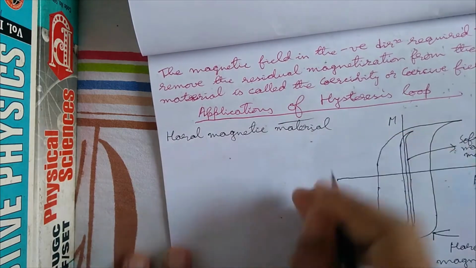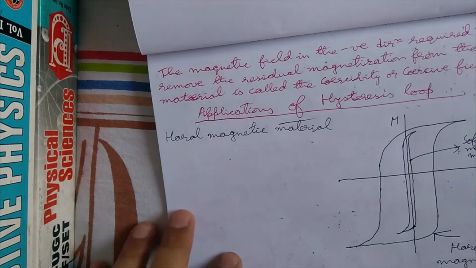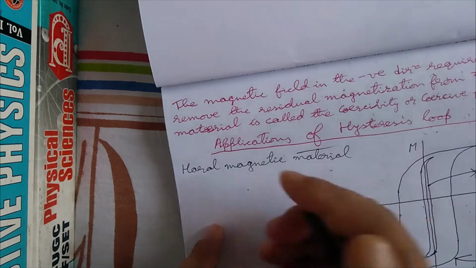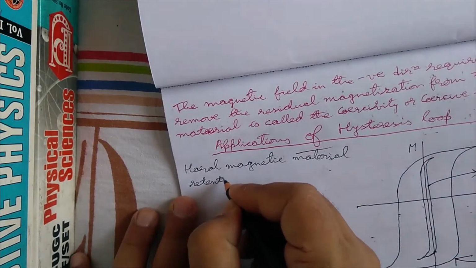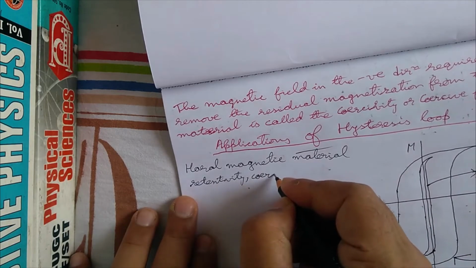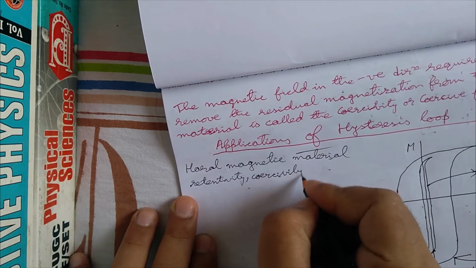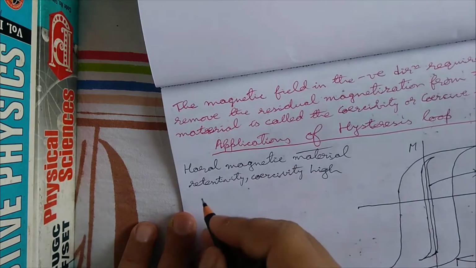Hard magnetic material, for which the hysteresis loss is more, will definitely have high retentivity and high coercivity.